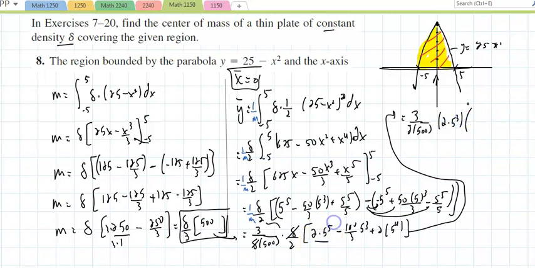I will have 5 squared, which is 25. I will have a minus 50 over 3, right? And a plus 5. There, nicest way to do this. Those 2s cancel out. This is 5 squared now. This is 100.